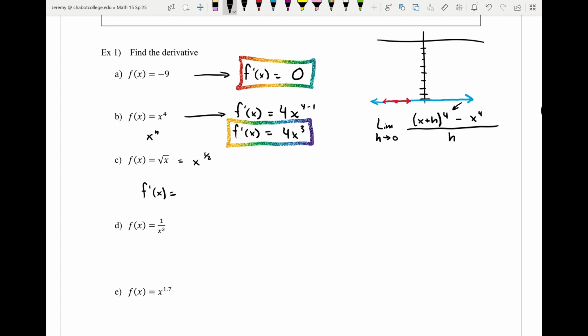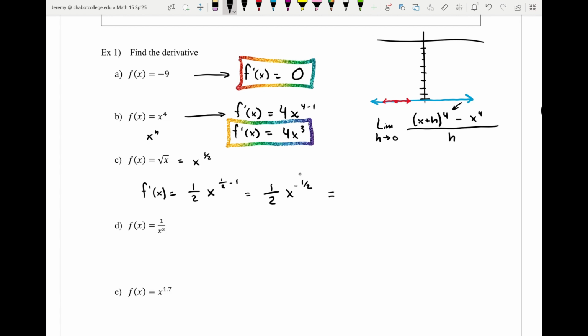To do the power rule, we'll just bring down the old exponent, 1/2, and then subtract 1 from that old exponent, so 1/2 minus 1 up here. And we'll be left with 1/2 times x to the negative 1/2 power, right? 1/2 minus 1 gives us negative 1/2.